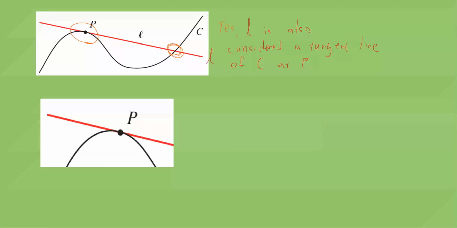To give you a better illustration, we have zoomed in around point P. This red line is the only line that touches the curve at exactly point P. Now, there may be something that's close, something like this. But notice that it crosses at P and this point.